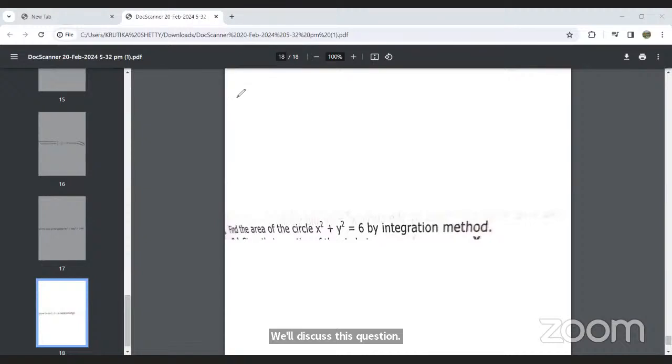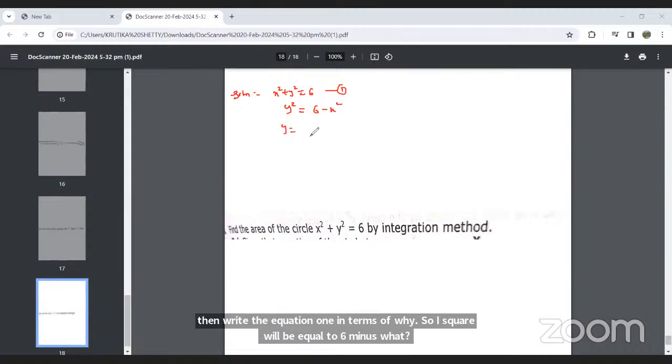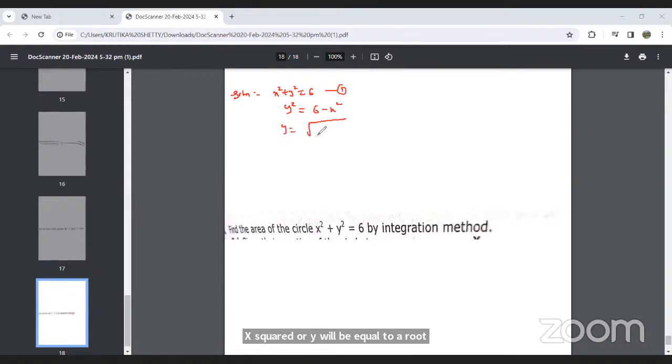Again same, we need to consider the given equation x square plus y square is equal to 6, and then write equation 1 in terms of y. So y square will be equal to 6 minus x square, or y will be equal to root of, I'll write it as root 6 square minus x square, and this is equation number 2.